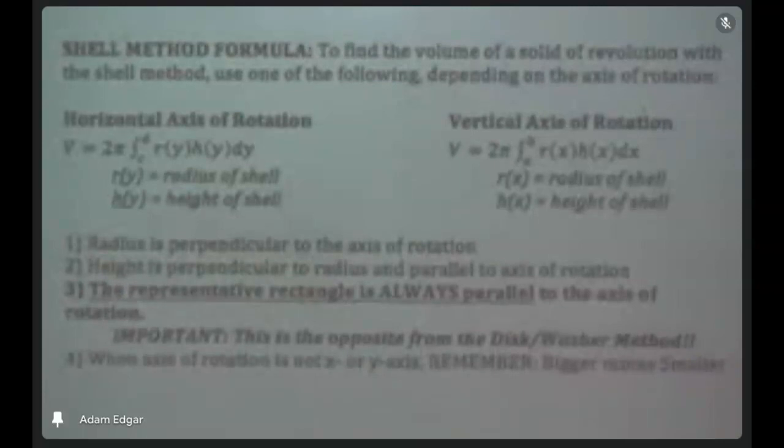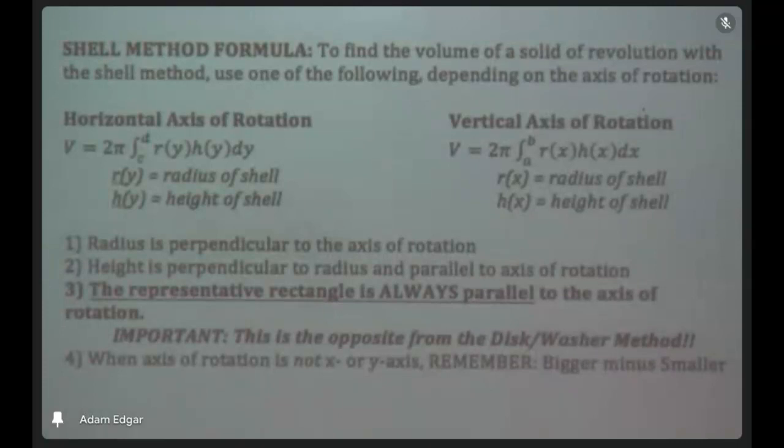So, what's different about this and before when we were doing discs and washers: the radius was the distance from the axis of rotation up to the height of the curve. And the radius is still going to be perpendicular to the axis of rotation, but it's not necessarily going to be the height of the curve.